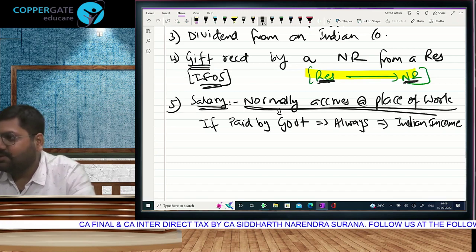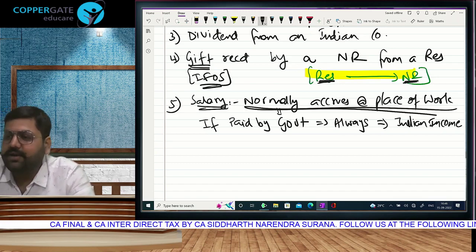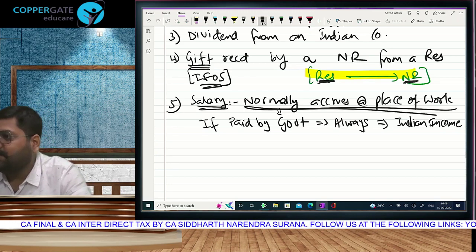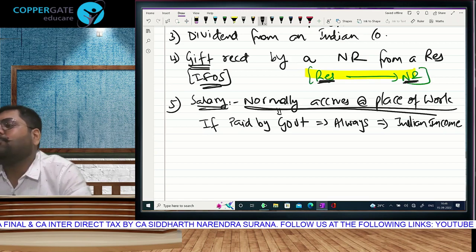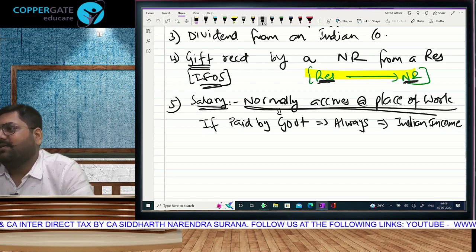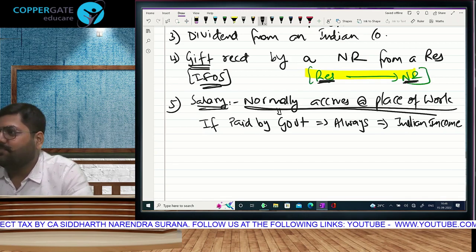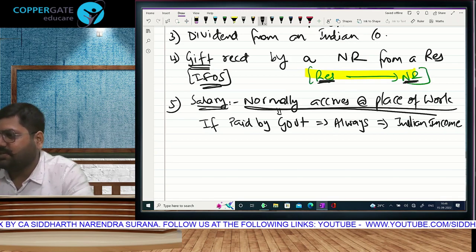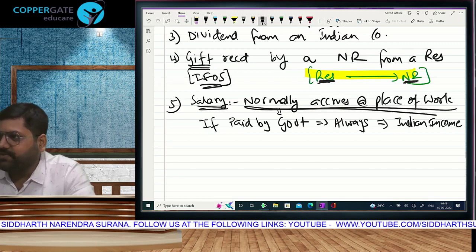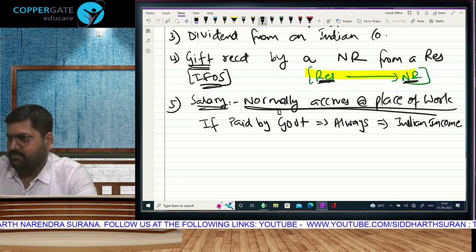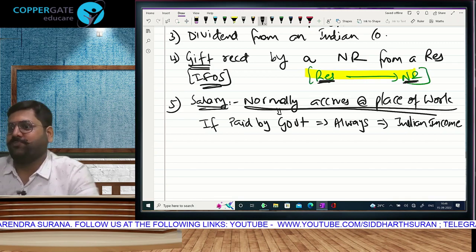Let's see, okay? So government employees working in India, you will say, what kind of crazy talk is this? Obviously, the income will be Indian income. If he is working as a station master in any of the railway stations, obviously it is Indian income. But you have not understood what this point is.